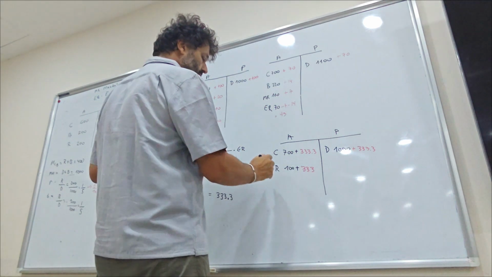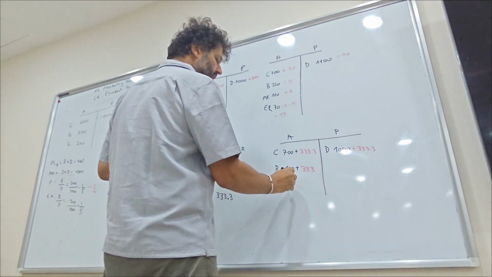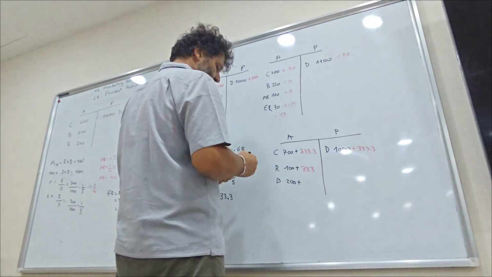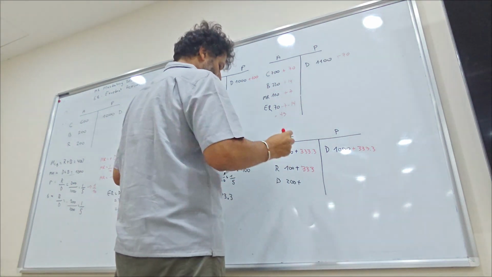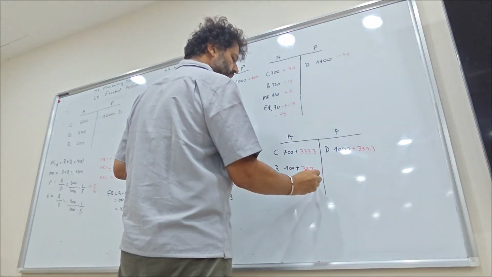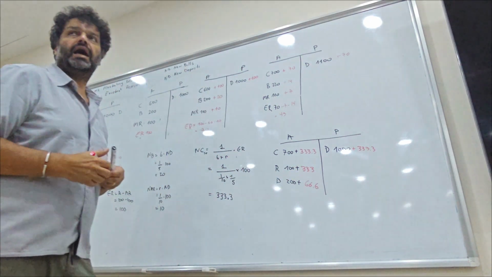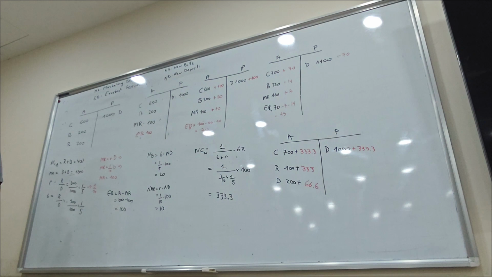The bills are equal to 200 plus 66.6. And this is over. I don't have any more excedentary reserves.